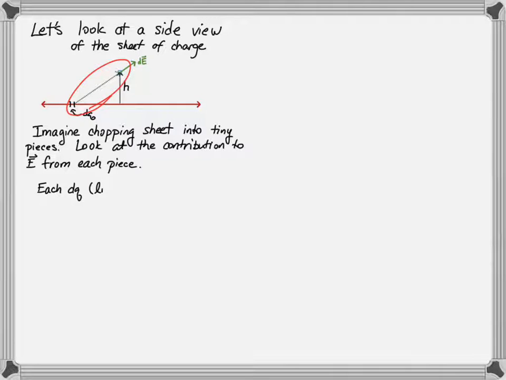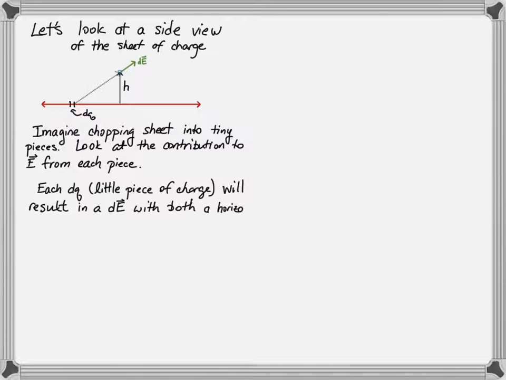I don't need this vector for Gauss's law, but it shows the picture as if you were treating it like a point charge, and that little piece of charge dq causes this little piece of electric field up here.